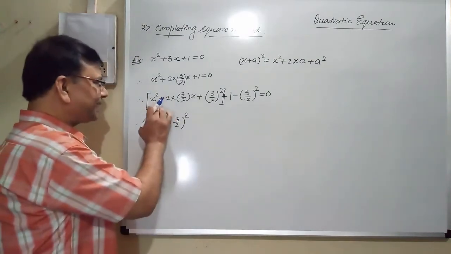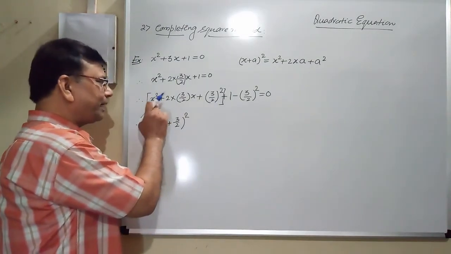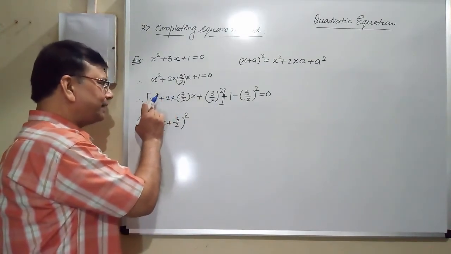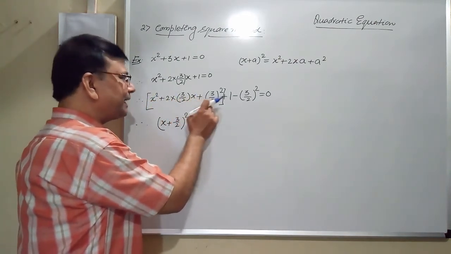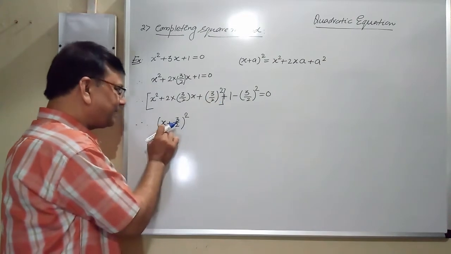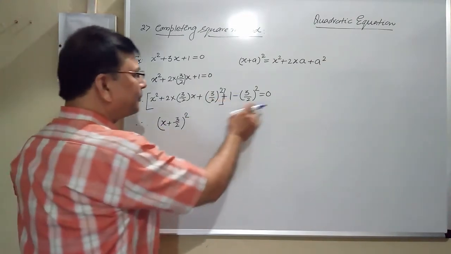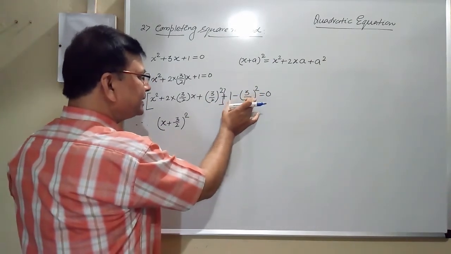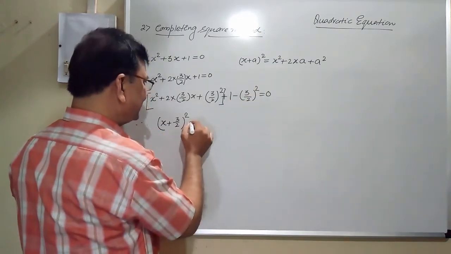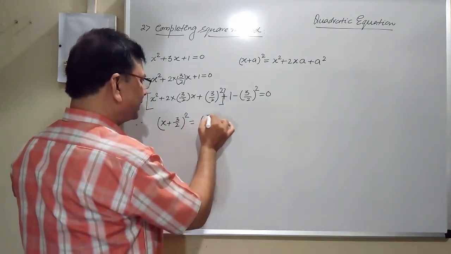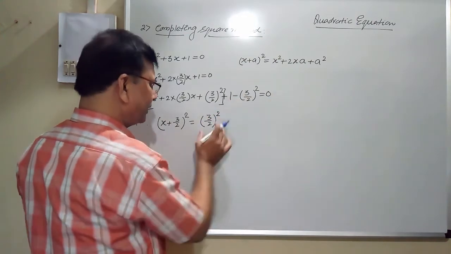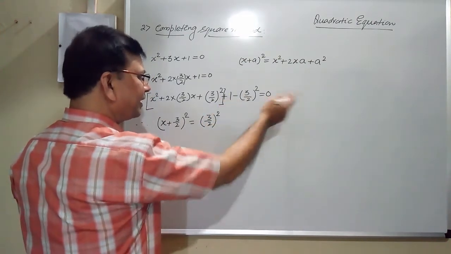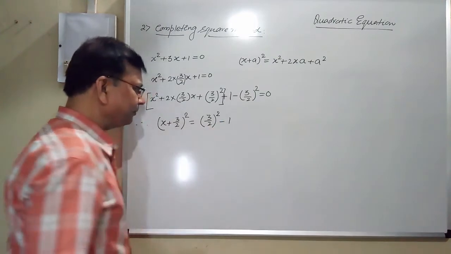So x square plus 2ax plus a square means x plus a whole square plus this quantity. So this everything I will take on the right hand side. So that is equal to 3 by 2 whole square. It will go, so it will become positive. 1 will come on this side, it is minus 1.